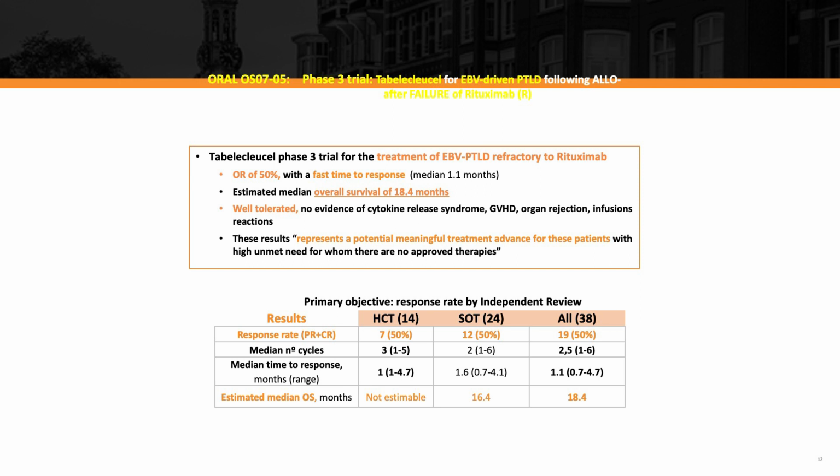You remember from the previous study it was less than 1 month. It was well tolerated, with no evidence of cytokine release syndrome, GVHD, organ reaction, or infusion reactions. These results represent a real opportunity for these patients when they fail rituximab. So remember, T-cell therapy is not only for neoplastic disease, but also for infectious complications.